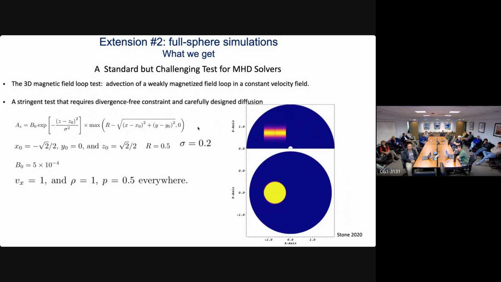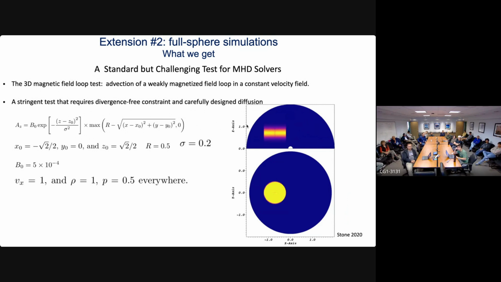Here we show a standard field loop advection test to verify our numerical algorithm and also the full sphere implementation. The test is basically a global three-dimensional advection of a few magnetic field loops.